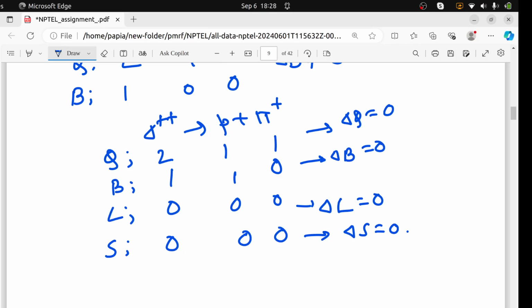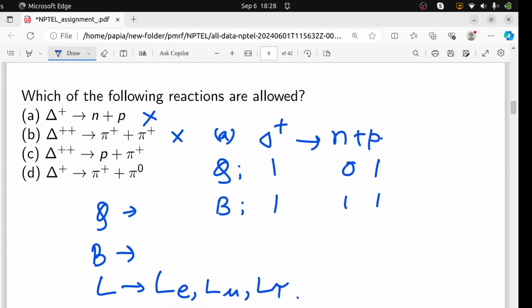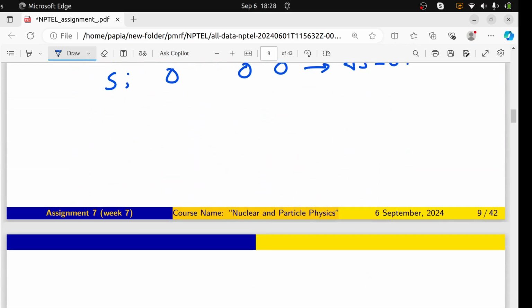Because most probably, if it happens, it will be governed by the strong interaction, and if it is governed by strong interaction, it should follow delta S equals 0. Now you can see that delta S is indeed 0, so that is not problematic. So delta plus going to P plus pi plus can be an allowed reaction. Now coming to delta plus going to pi plus pi 0, this is also not going to happen.